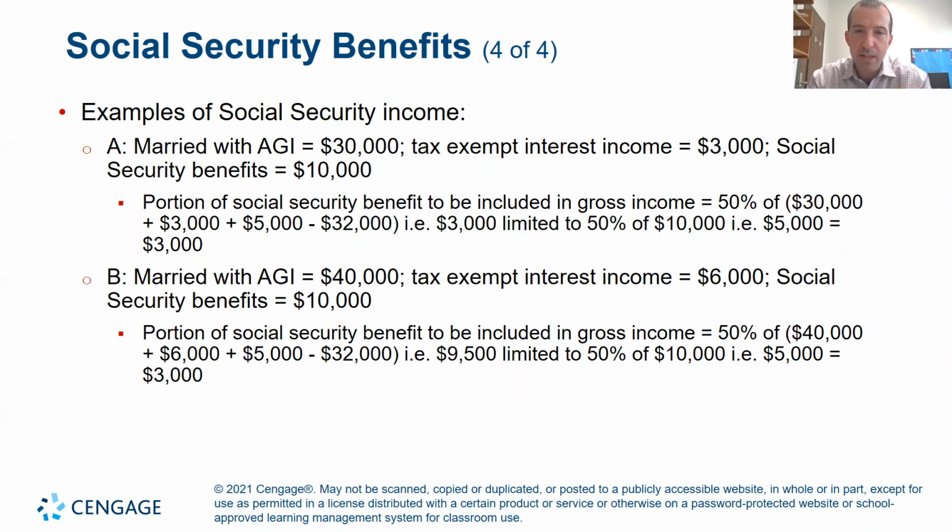So take a look at these calculations. In order for Social Security to be included in gross income, you need to take the modified adjusted gross income, you need to take half of the Social Security benefit, and if it exceeds a certain threshold, then a certain portion of the income can be taxed. And these examples A and B are a good example of that.